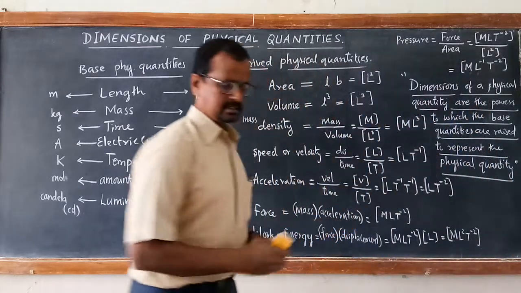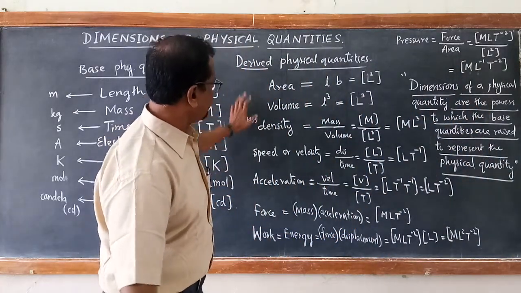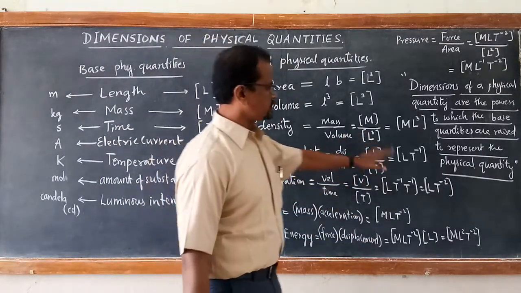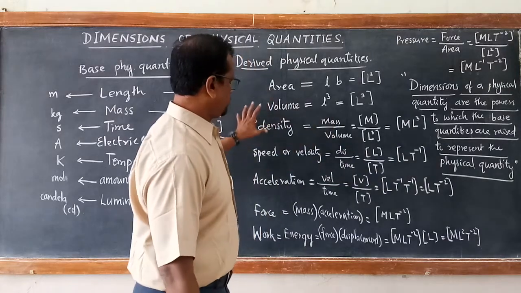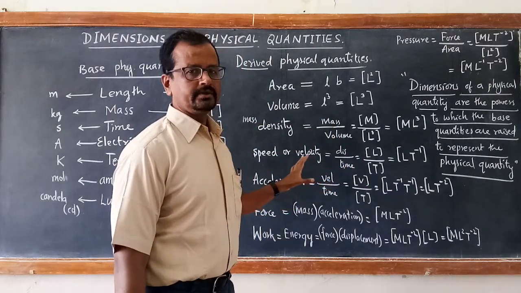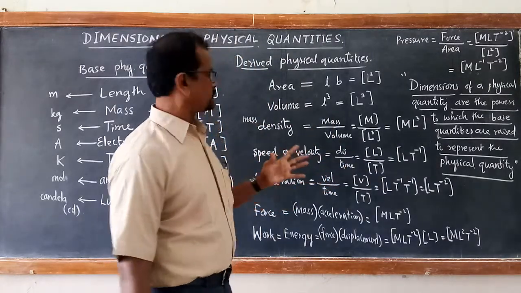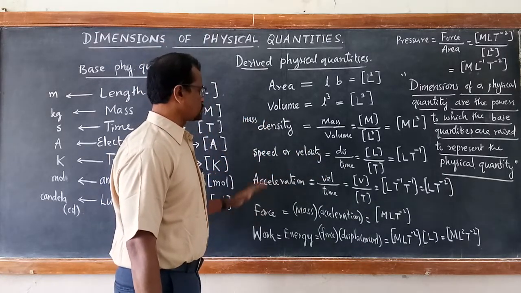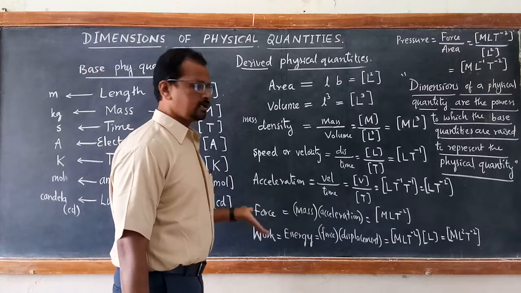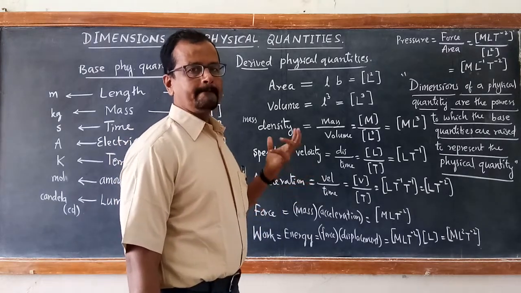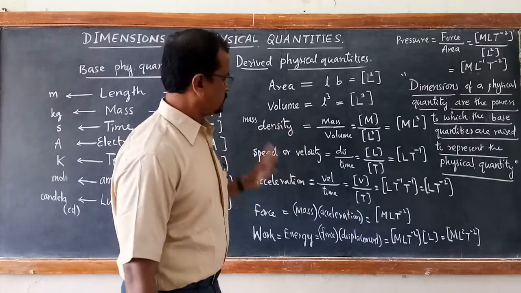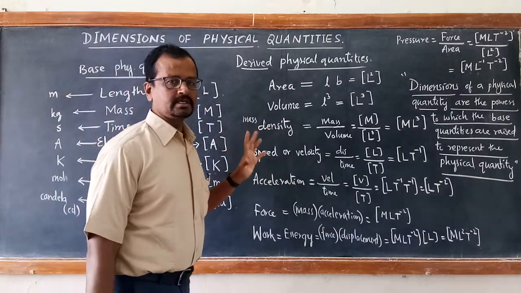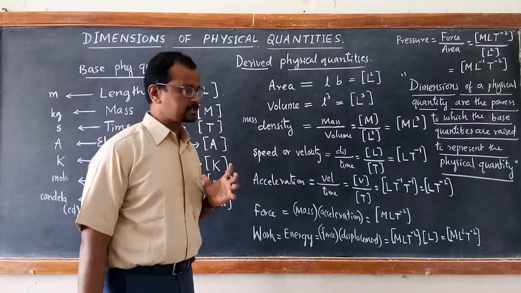You can just look at this. These are all the derived physical quantities, and these are all expressed in terms of the base quantities. In mechanics especially, we learn speed, acceleration, force, density, work, energy, power, pressure. So these are all the mechanical physical quantities that we come across in mechanics.